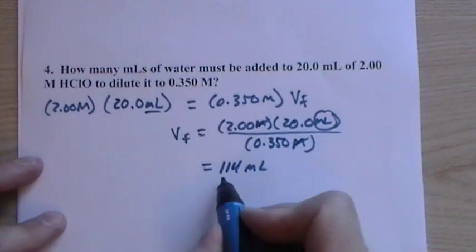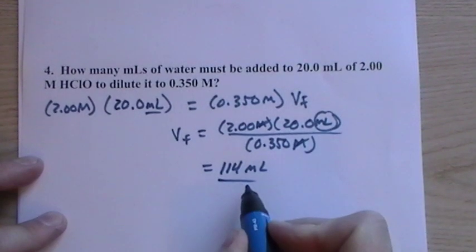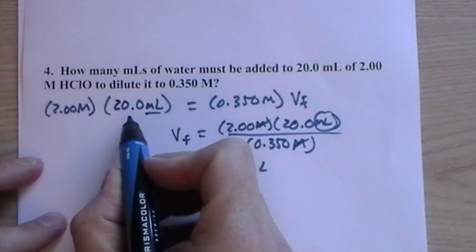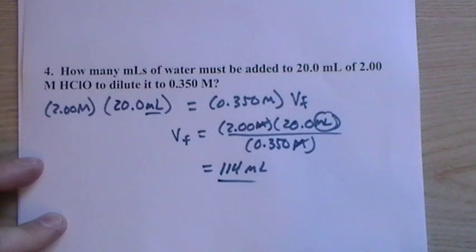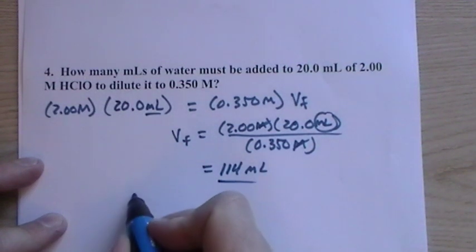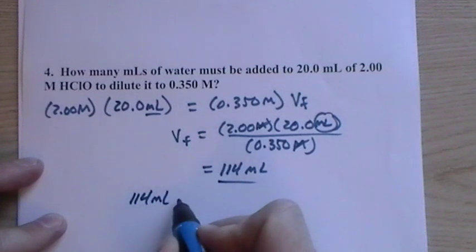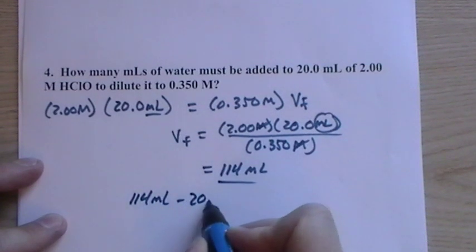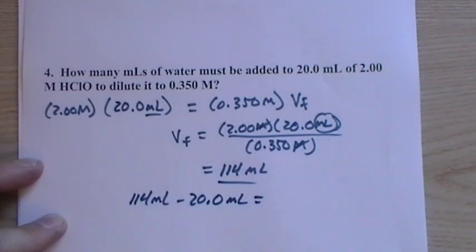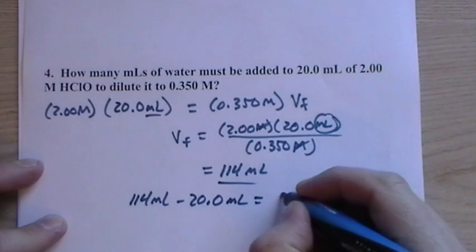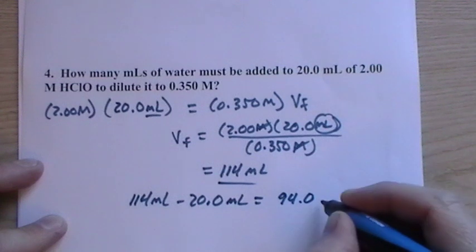Now, this is our final volume. That's what we need to end up with. But we started with 20. And the question isn't, what is our final volume? The question is, how many mils of water do we need to add? So it's 114 mils minus 20 mils. I'm going to do this out even though I should be able to guess it.